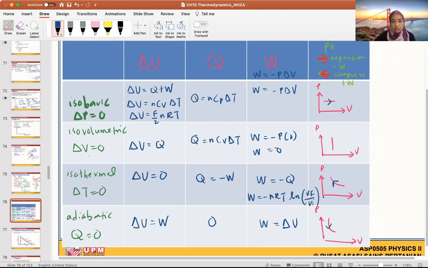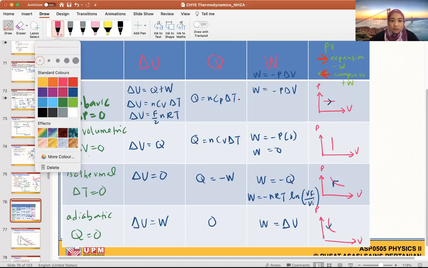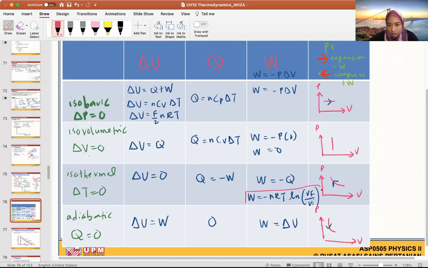Okay, so in general, because we have learned about delta P equals 0, delta V equals 0, delta T equals 0, Q equals 0, I just wanted to tie everything together with a PV diagram and hopefully all the equations as well. So what is new here that we have not learned yet is this one over here. Okay, this is new. What else is new? I think everything else we have already learned.